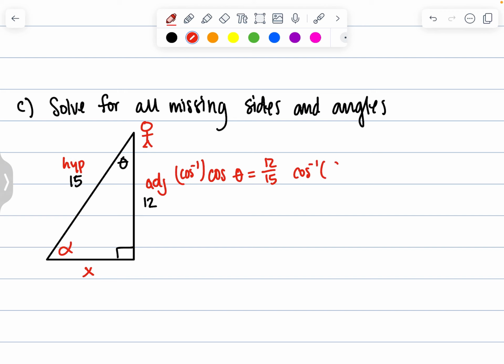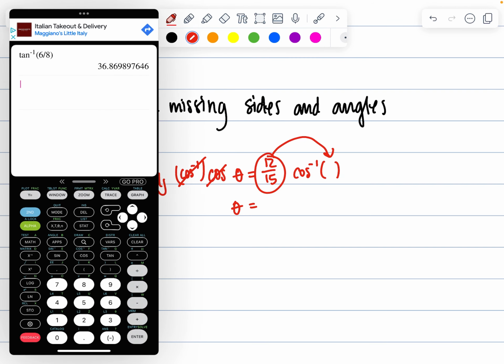Anything you do to one side, you do to the other. Open up a parentheses, throw this ratio in, inverse cosine and cosine cancel, and we get theta by itself. Once again, do not simplify the ratio. Inverse cosine of 12 divided by 15 is equal to 36.86.